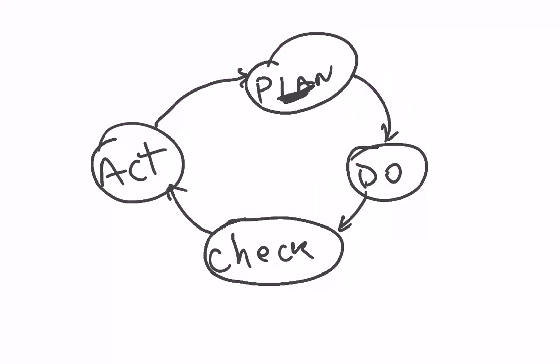So let me start by exploring the activities and tasks that you will need to do in each step of the Deming cycle. Within plan, we're going to have 4 key activities. In do, 1 key activity. Check, also 1 key activity, and act, another key activity.